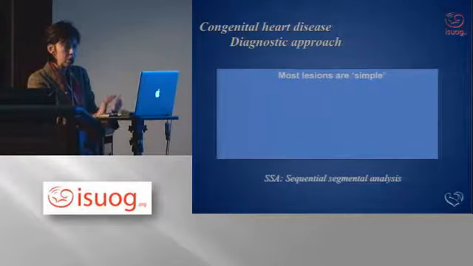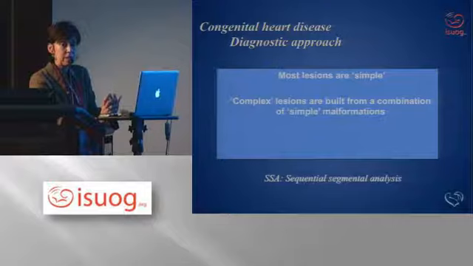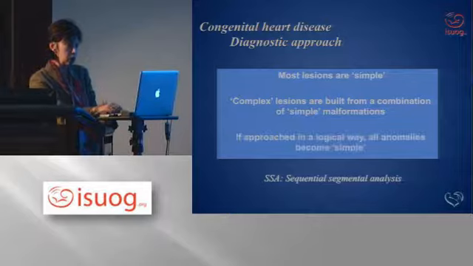Well, it's not that important, but cardiac abnormalities sometimes are very complicated. So the approach is based on the idea that most cardiac lesions are simple, really. And complex lesions are just a combination of lots of simple malformations. So if you combine them in different ways, you then have a complicated diagnosis.